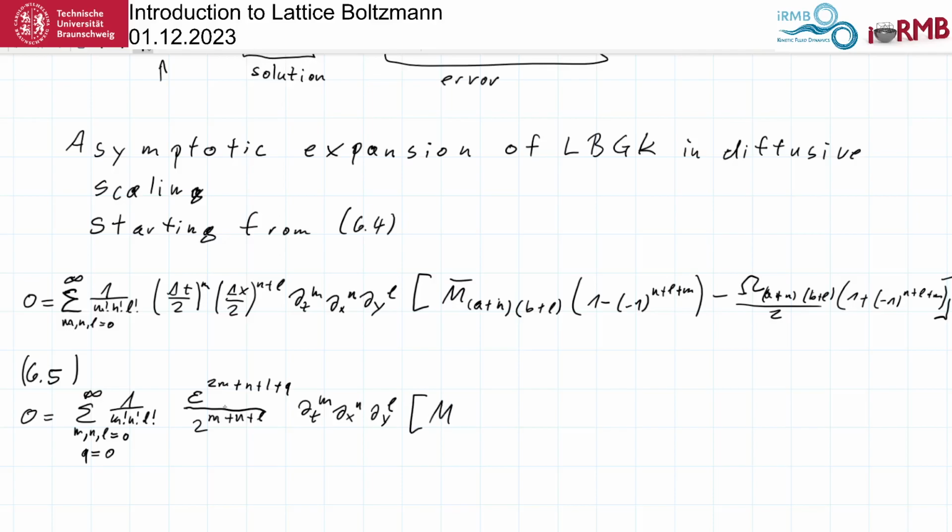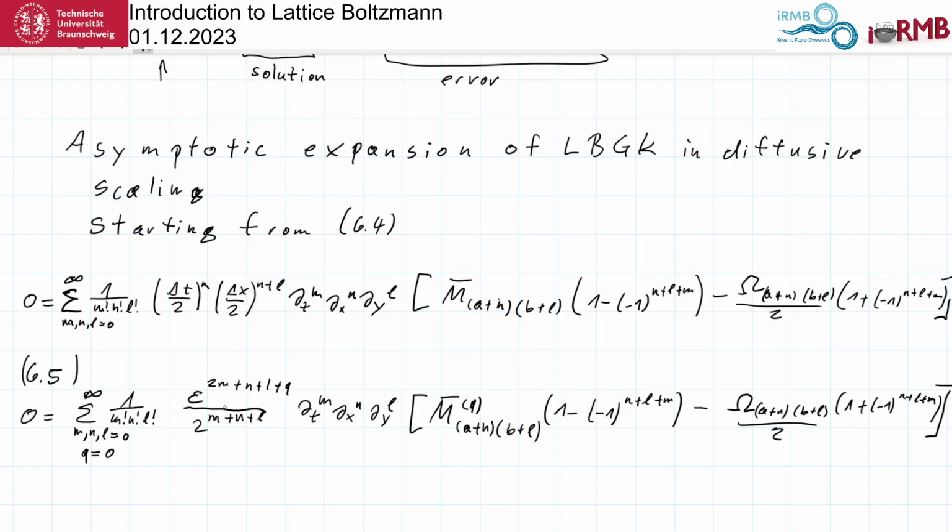And now we have here the q-th order, a plus n, and the rest is the same, plus l, 1 minus 1 to the power n plus l plus m, minus omega a plus n and b plus l divided by 2. This is 1 plus minus 1 to the power n plus l plus m, and closing all the brackets.